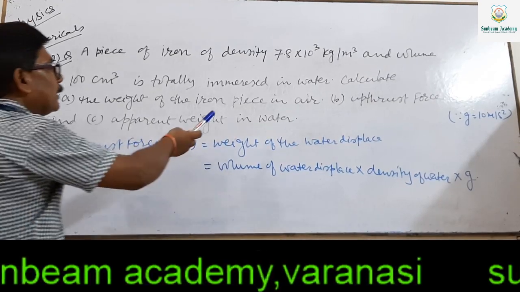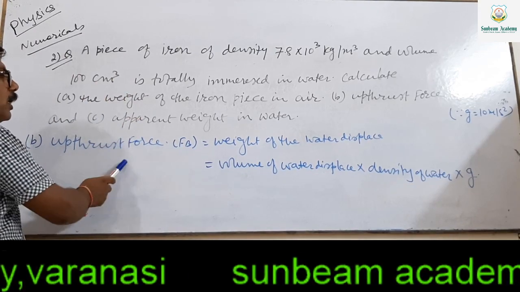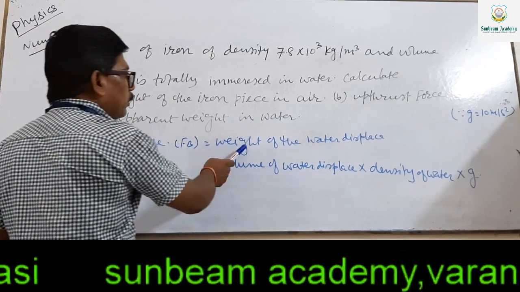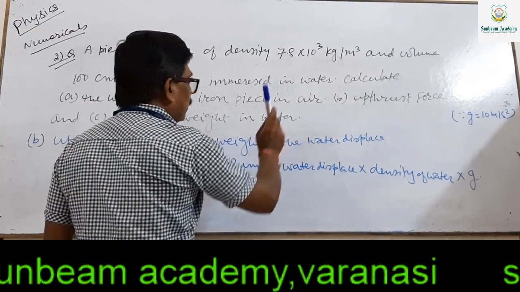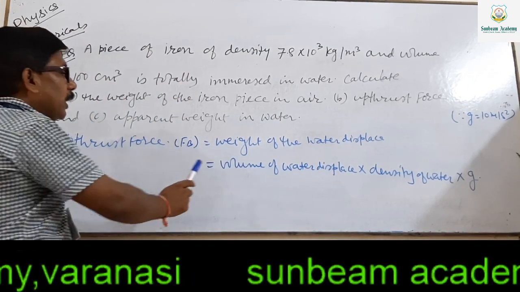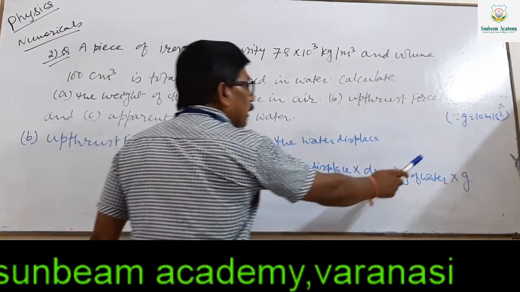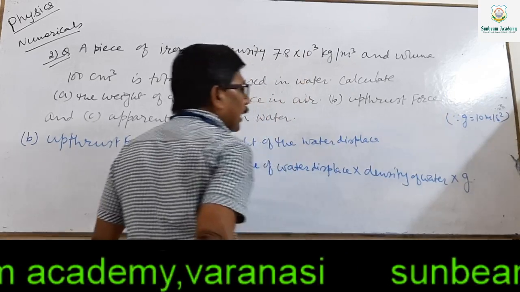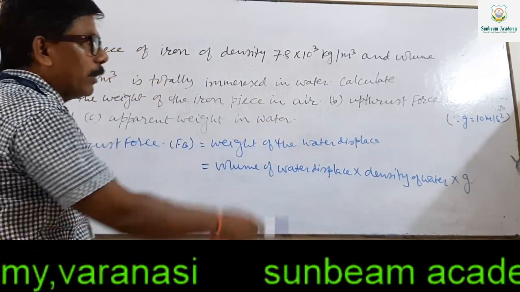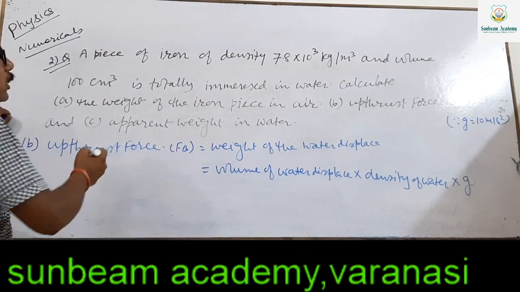Now let us see the second part, which is upthrust force. You have to find out the upthrust force. Upthrust force will be the weight of the water displaced. And how to calculate the weight of the water displaced? That will be equal to volume of water displaced into density of water into acceleration due to gravity, taking G as 10 meter per second square.